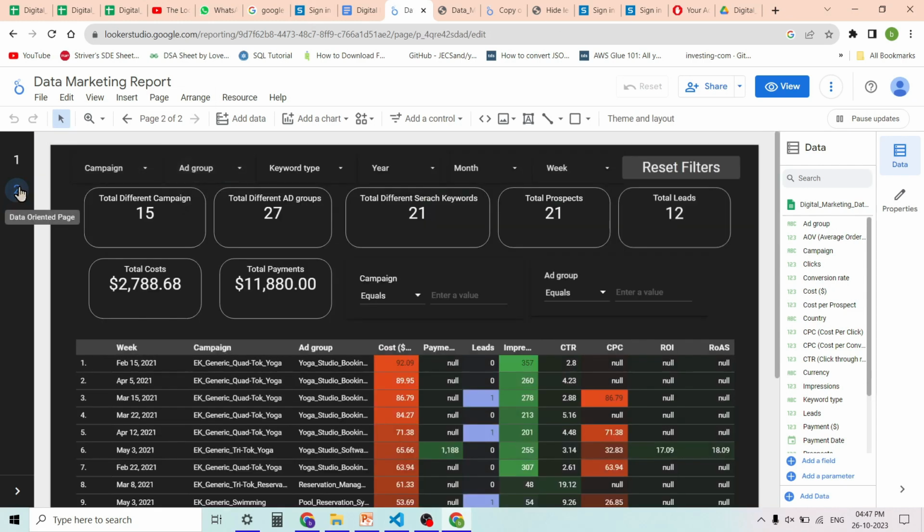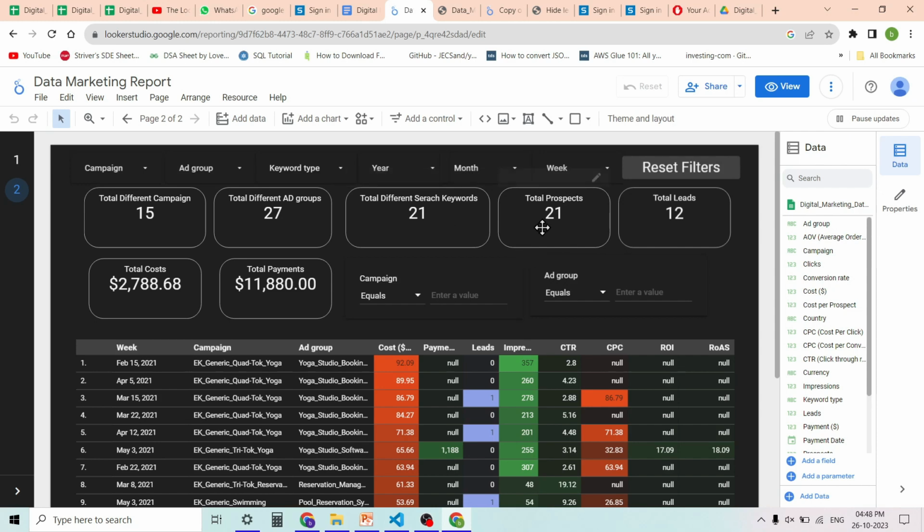Now, in the second table that is more focused on the data, you can see that we have different kinds of flashcards that show our direct KPI values. The total different ad campaigns that we have run is 15. Sorry, that is 27. Ad groups are 27. The campaigns are 15. The total different search keywords that we have used for SEO is 21.